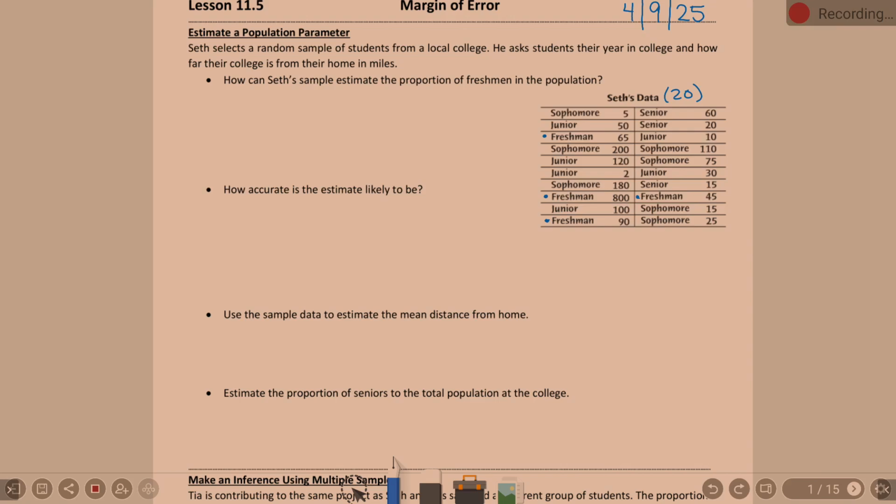Now I'm going to go back and answer the first question first. How can his sample estimate the freshmen in the population?